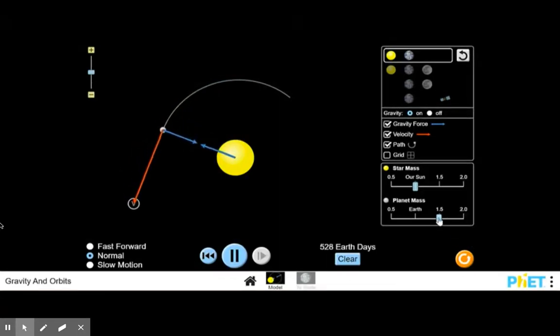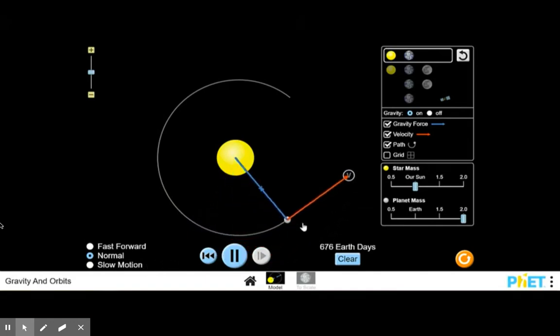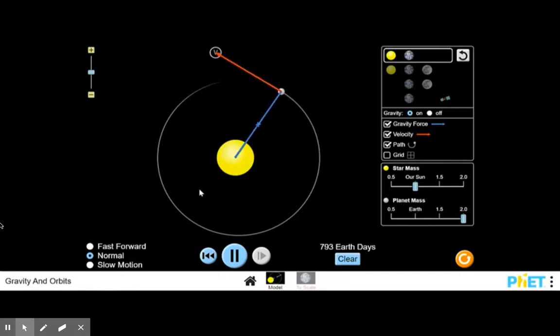And if I increase it even more, you'll see those force arrows got even bigger now. They're passing each other. And what do you think is happening to my orbit? It looks like it's getting smaller. So the orbit would get closer together.